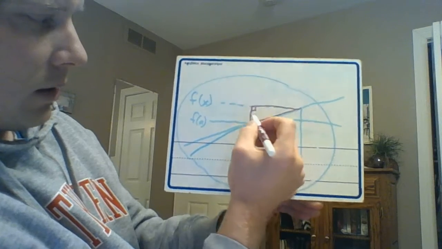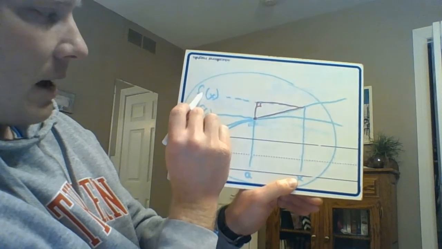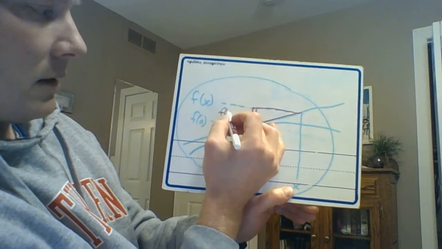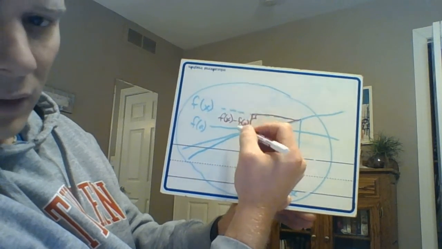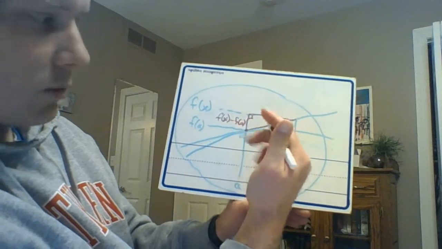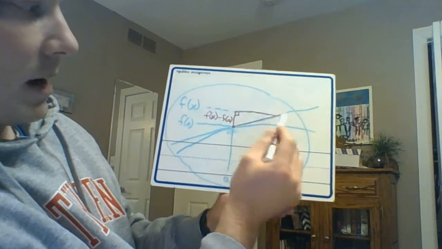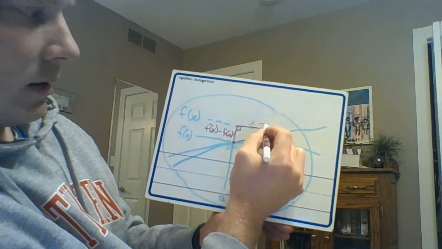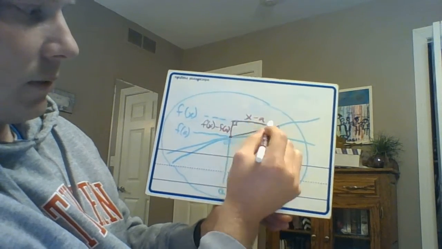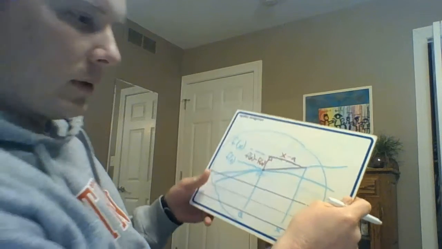Well, we went from f of a to f of x. So that distance would be f of x minus f of a, the difference in y's, y2 minus y1. What about here? Well, we went from a to x, so we went x minus a distance from there to there.